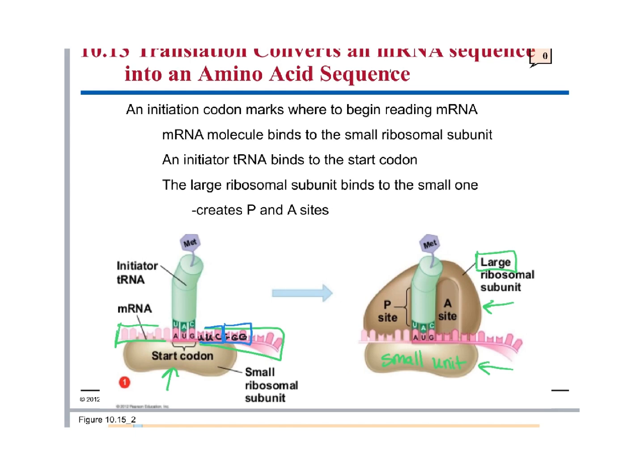So if we look at the codon AUG, a molecule of transfer RNA with exactly the opposite codon, or the anticodon, UAC, will recognize it.